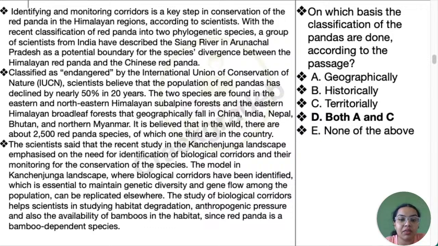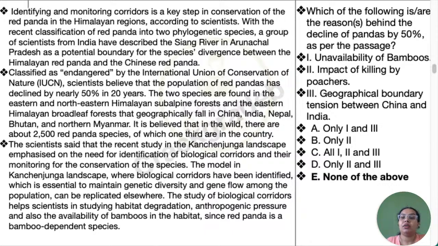Then we have the second one. What is or are the reasons behind decline of pandas by 50%? Whenever you get a number, it's of great use. Take advantage of it. So we get to see classified as endangered. Scientists believe the population has declined by nearly 50% in 20 years. Now the reasons.